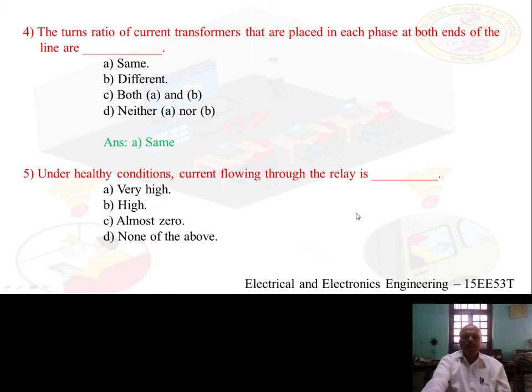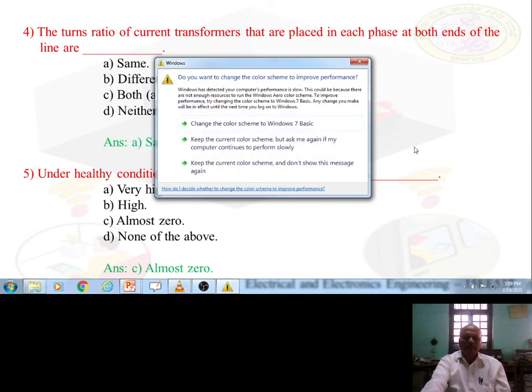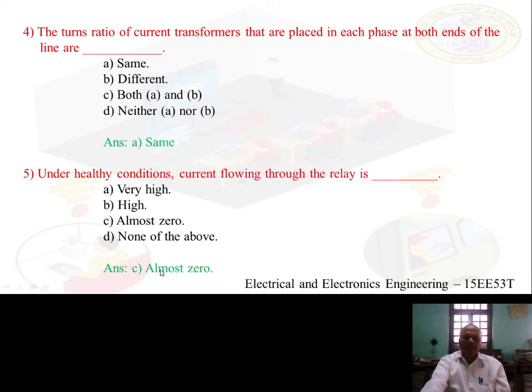That means there is no current flow through the relay coil. Therefore, your answer is C. Almost 0. Why are we saying almost 0? There may be some possibility that the ratios of both the CTs are slightly different. Therefore, there may be a small amount of current flow through the relay, but that current is not sufficient to close the trip circuit of the circuit breaker.